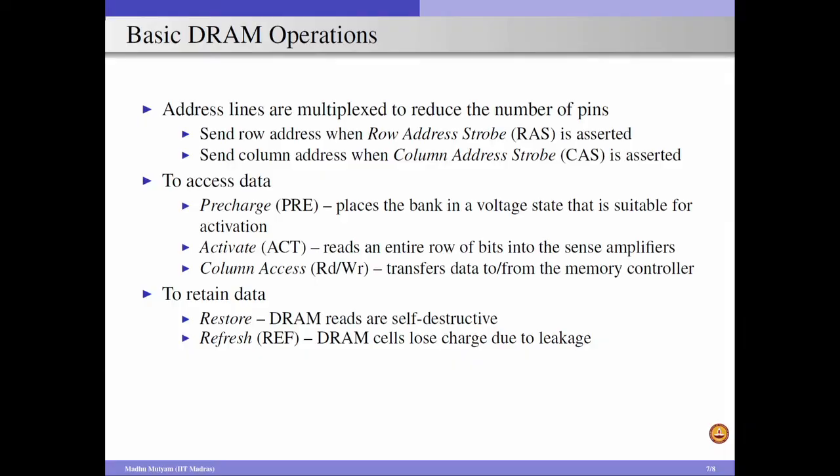And the last operation is the refresh. We know that the DRAM cell consists of a capacitor, and the data in the DRAM cell is represented in terms of the charge in the capacitor. But the DRAM cells will lose the charge over a period of time due to leakage. Once it loses the charge beyond a certain value, the DRAM cell is going to represent a wrong value.